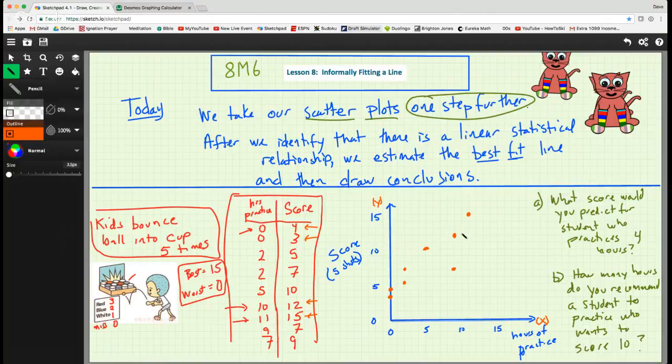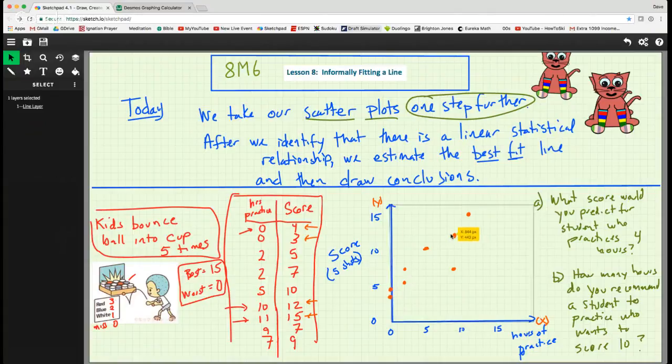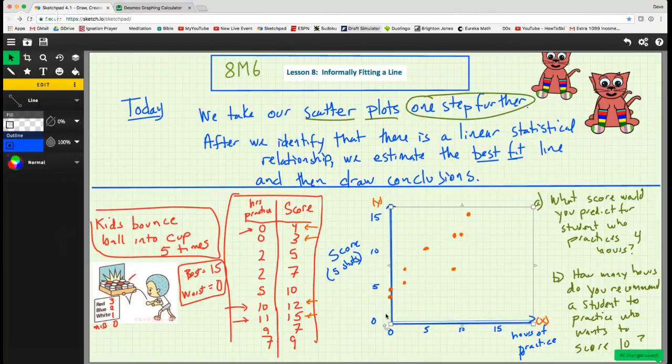Whoops, this point should have been here. What am I doing? Uh-oh. Wait, that's 5. That's 0. 1, 2, 3, 4, 5. Uh-oh, this should go up 1.